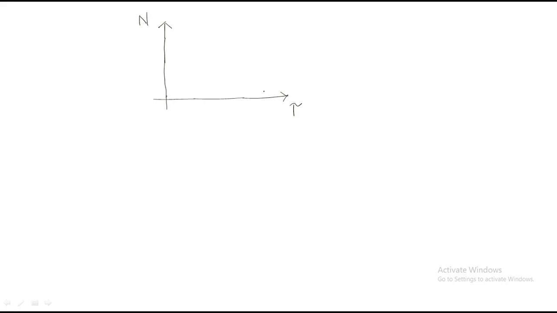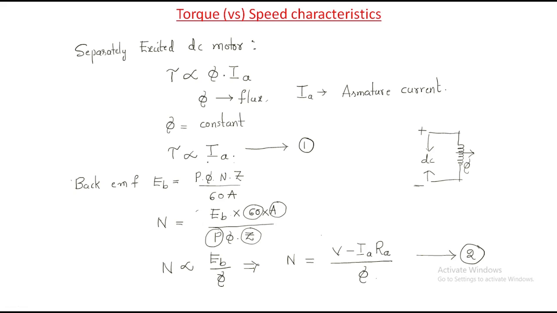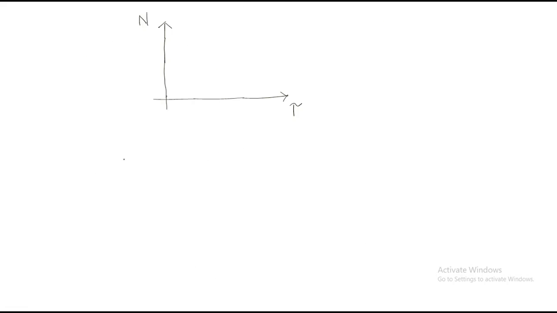Just observe here: torque is proportional to armature current. If you increase the armature current, torque automatically increases. So we are drawing against the armature current. We have to observe the relation for the speed, IA RA by phi.